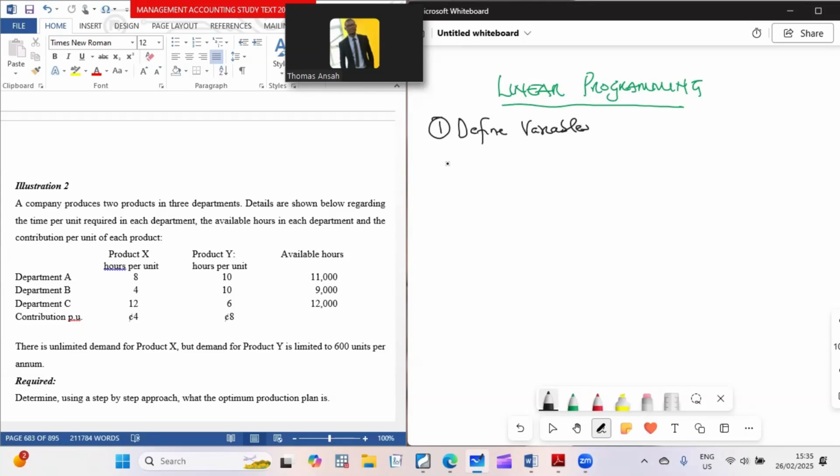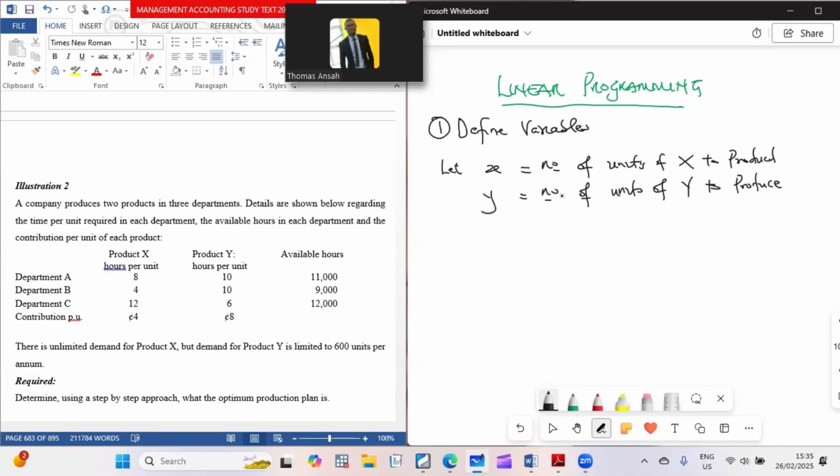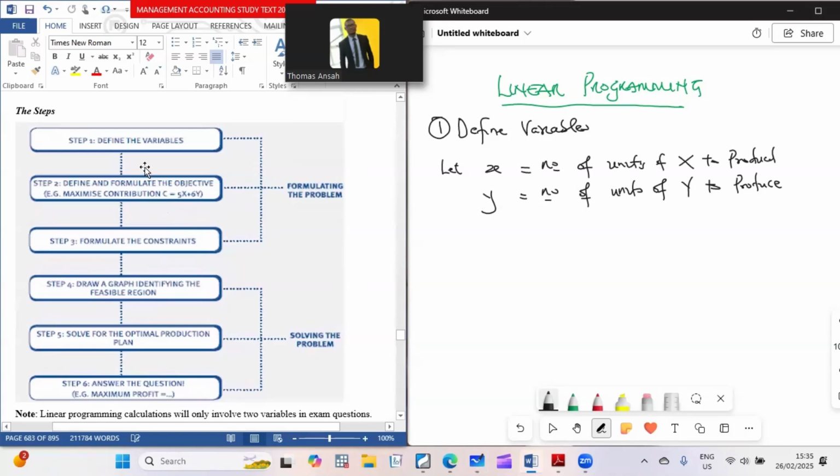So you can say that let X be equal to the number of units of X to produce, or product X. And you can say let Y be the number of units of Y to produce, or product Y, because we have two products here. So that is your first thing. That is what we have done.